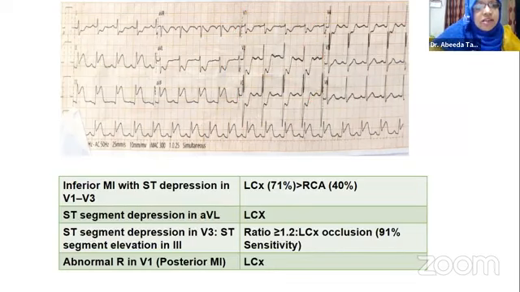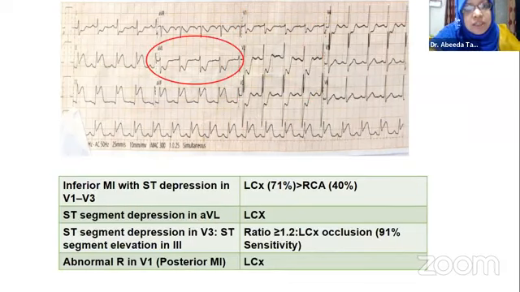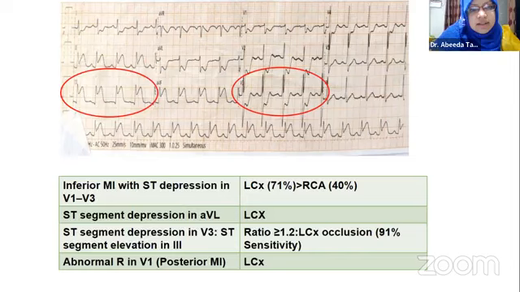If there is ST segment depression in AVL, there is more chance of LCX. There is also a criterion: the ratio of ST depression in V3 to ST elevation in lead 3. If the ratio is more than or equal to 1.2, LCX occlusion is more likely. These are the criteria that I found.